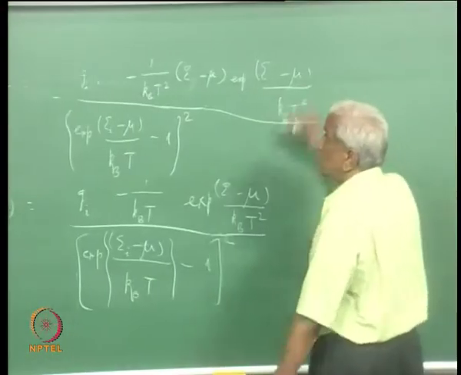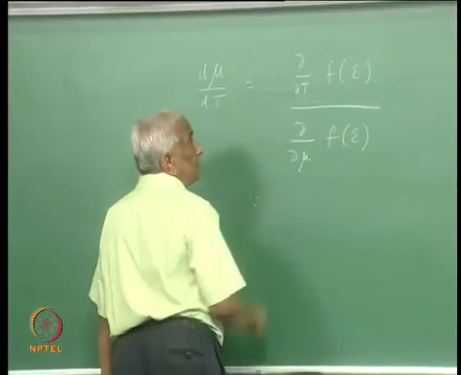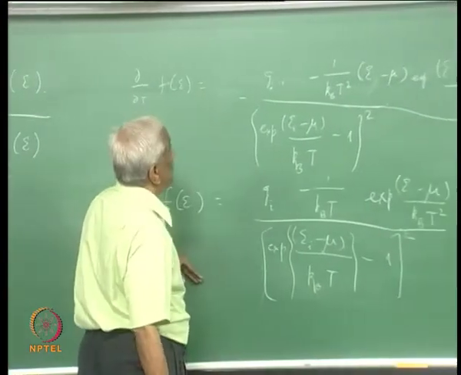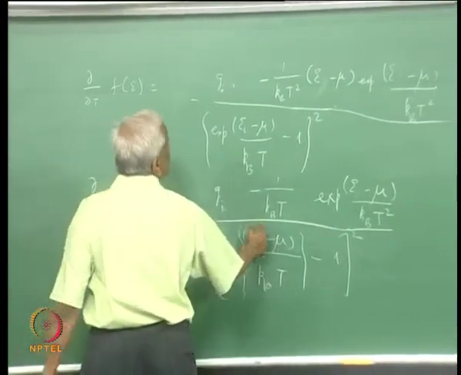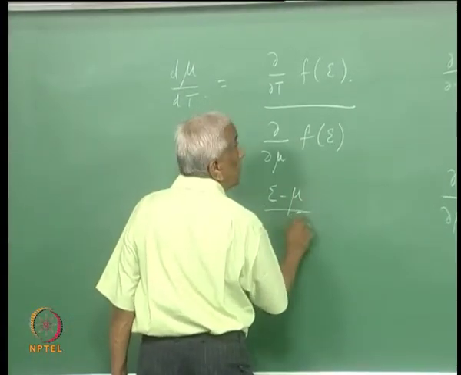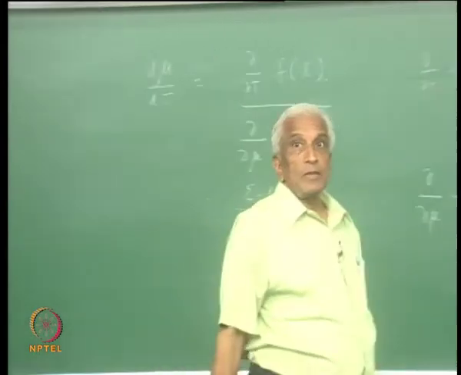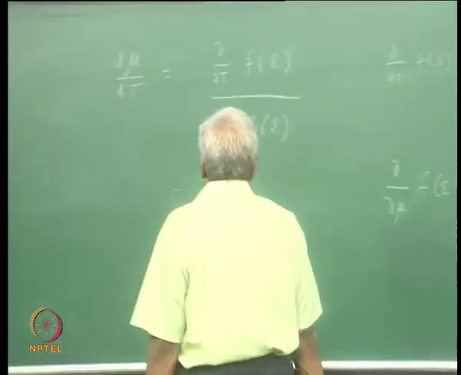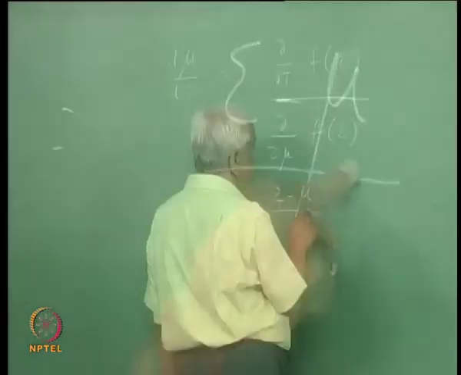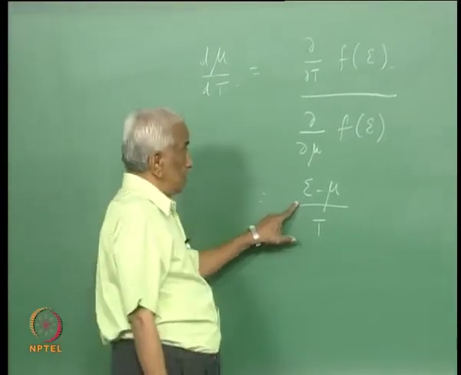So, the ratio of these two, which is d mu by dT, is this divided by this, which will give me (E minus mu) by T. And since mu is always less than or equal to 0, this will become positive definite, and E is always 0 or positive, greater than 0.